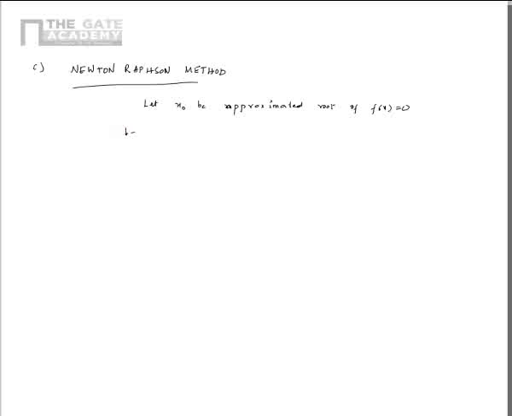Now, if x1 is x naught plus h, let x1 be the exact root of f of x. Then you can say that f of x1 is also 0. So what we are assuming is x naught is some approximated root, x naught plus h is the exact root.